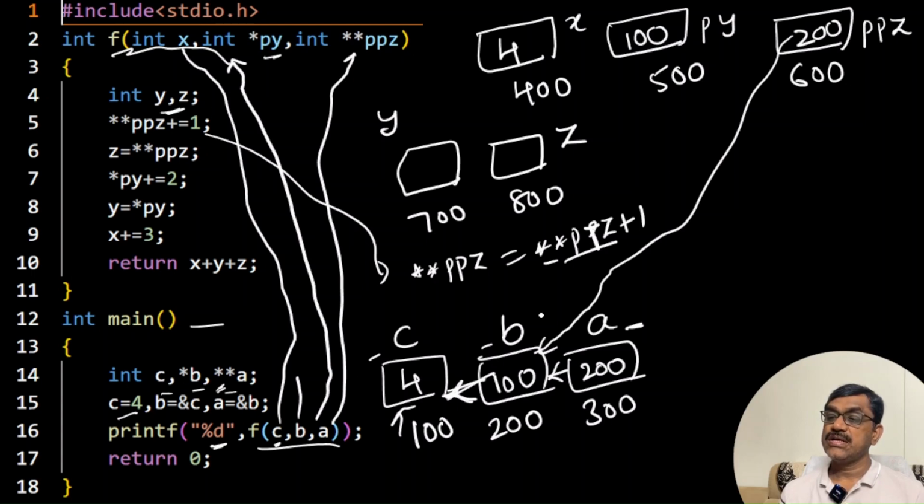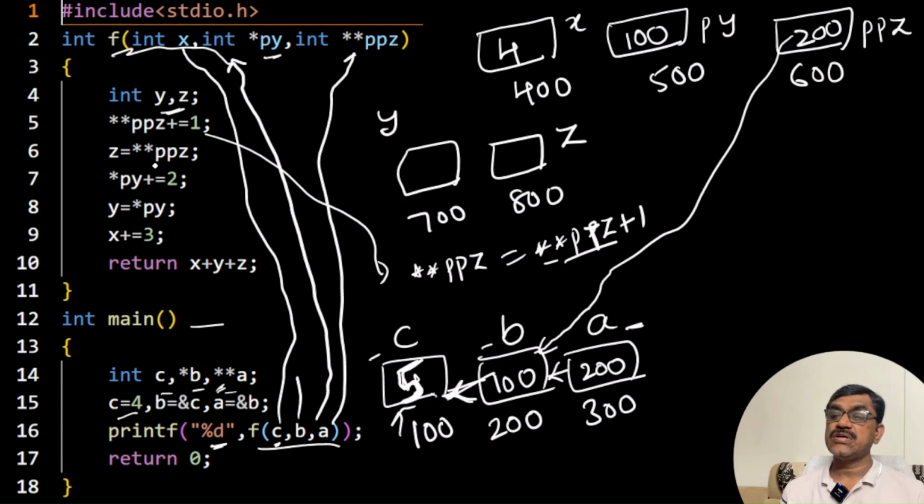Now another star indicates star of 100, how much? We are referring to 4. Now we are adding 1. So now the C value becomes 5. Indirectly we have updated the value of C, whose value becomes 5.